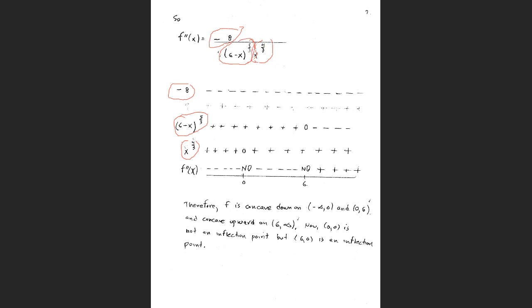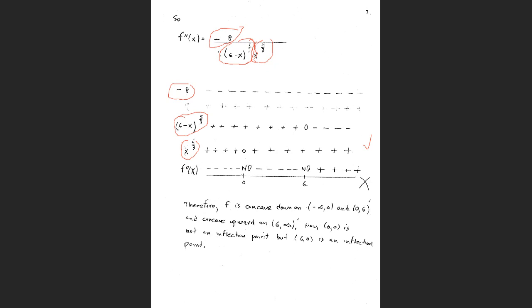And you know how to make the chart. Of course this is our x-axis, and we're including the values 0 and 6 because those are the interesting values. You know how to do that.